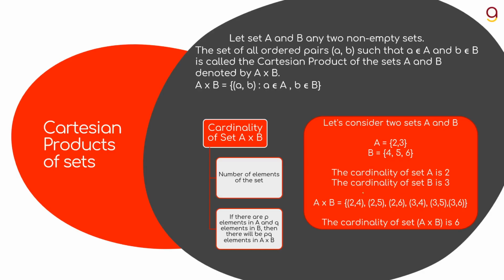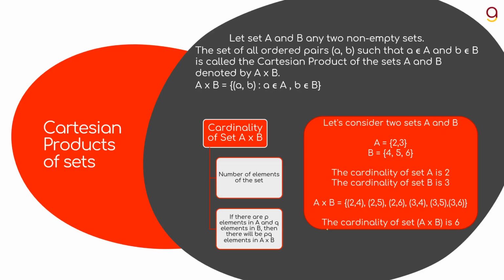Now we come to an important question. What is the cardinality of the resultant set, that is A cross B? It would be the number of elements in the set formed after the Cartesian product. But is there any easier way to find the cardinality of A cross B? Yes, there is.